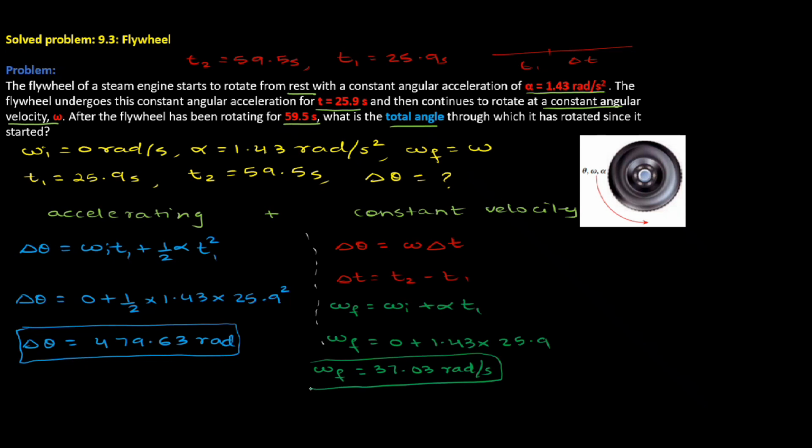Now I will use this to find my delta theta. So we get delta theta to be equal to omega is 37.03. Delta t will be 59.5 minus 25.9. And when you solve this, I get delta theta as 1244.208 radian.